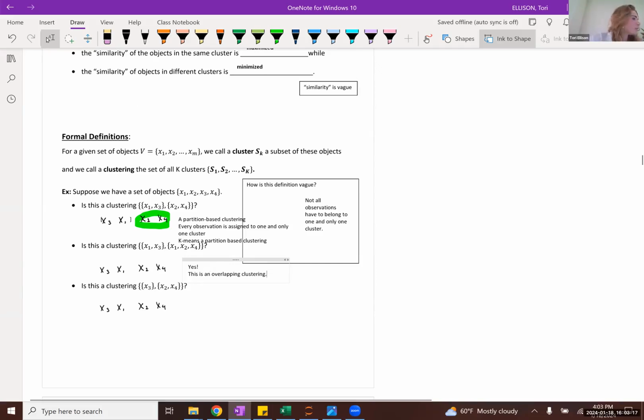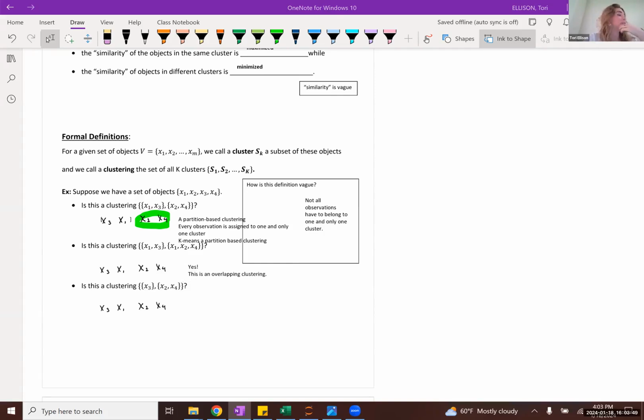Now let's look at the final set of subsets that we've created here. One final question: based on the definition we've given, is this a clustering? Ah, cool.